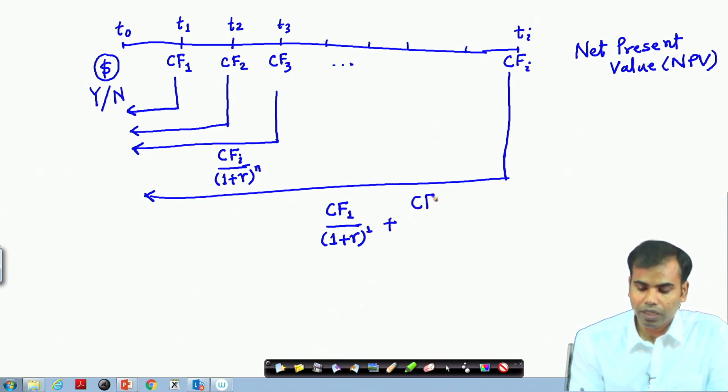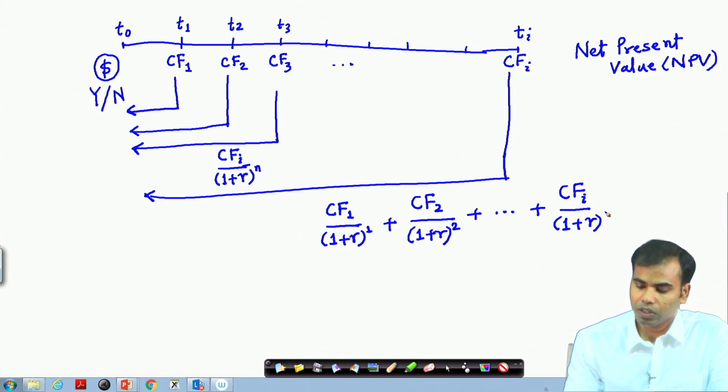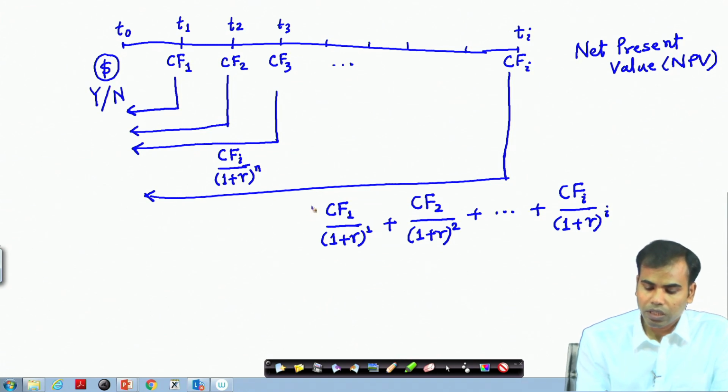Similarly, cash flow at time 2 will be discounted with the discounting rate for 2 years and so on. So, cash flow at time I would be discounted with 1 plus discounting rate to the power I years. So, this will basically be equated with the initial investment that we are going to make.